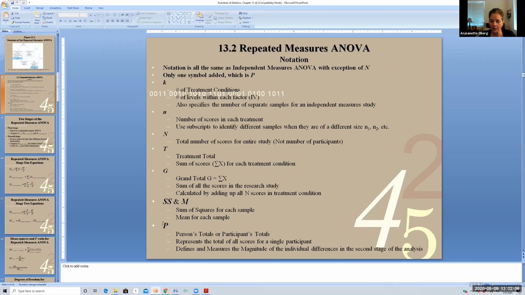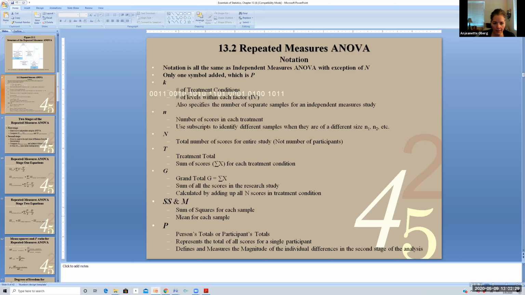So capital P represents, if Ajanette was in this, my total score: my score from measurement 1 plus measurement 2 plus measurement 3, okay? And it helps us to look at the magnitude of the differences or the changes in my score over time.